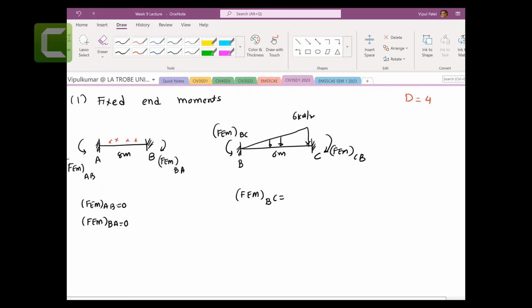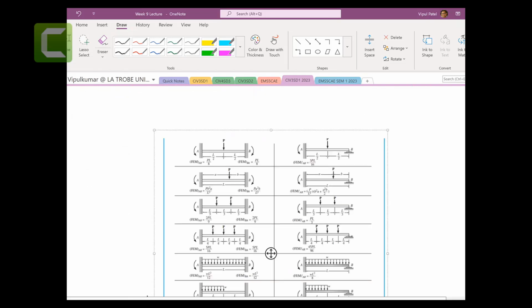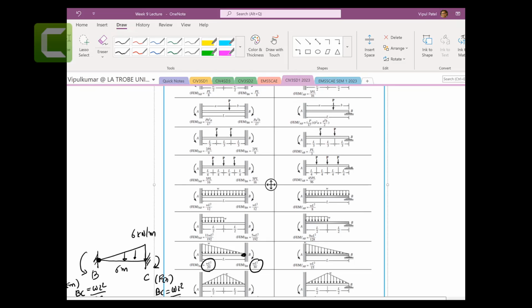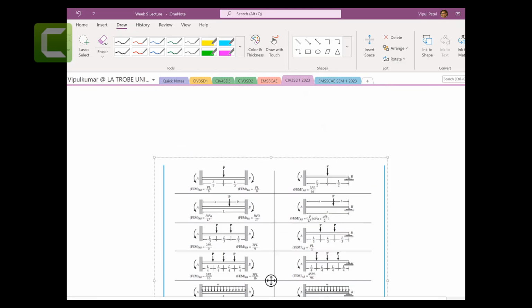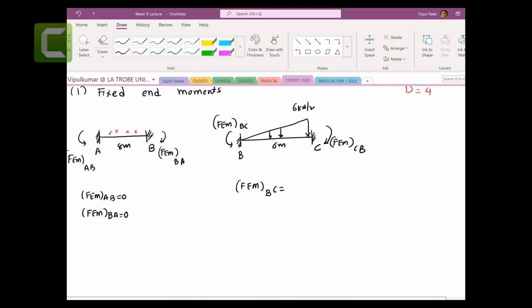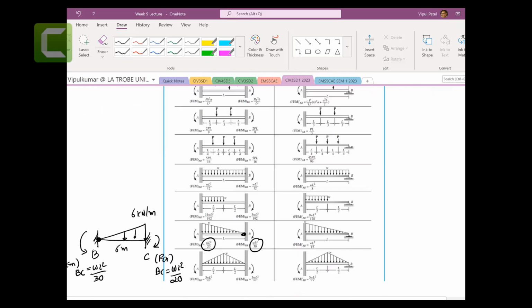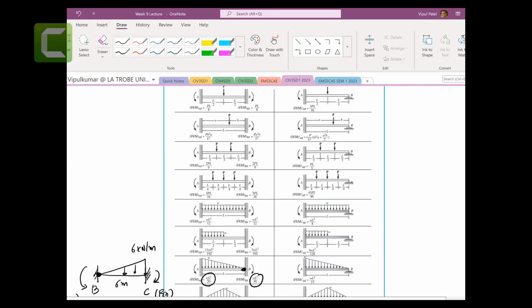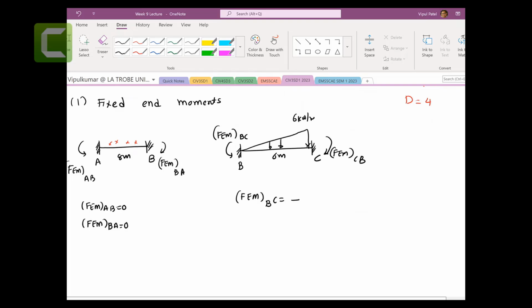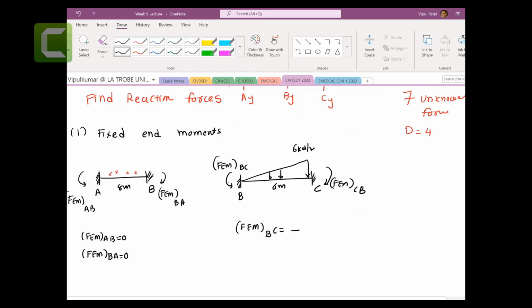Fixed end moment of BC, and for that BC we have this one. We would have a minus, because it is going this side, and that is anti-clockwise. You can say that clockwise is positive. Clockwise is positive, right?